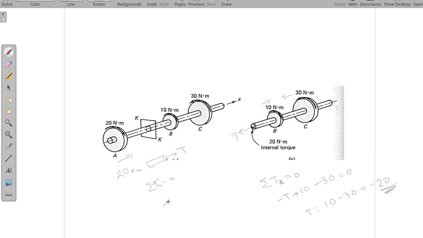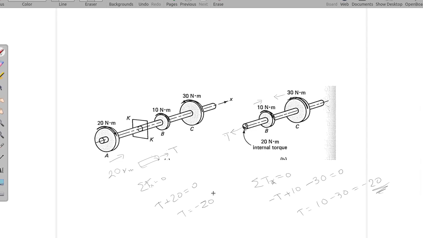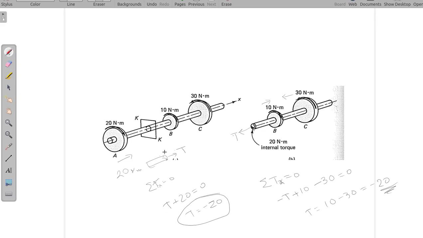That means T plus 20 is equal to 0, which means T is equal to minus 20. The same thing, so this assumed direction is wrong. It should be the other way around.